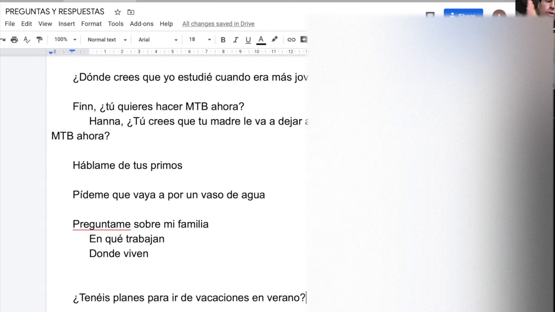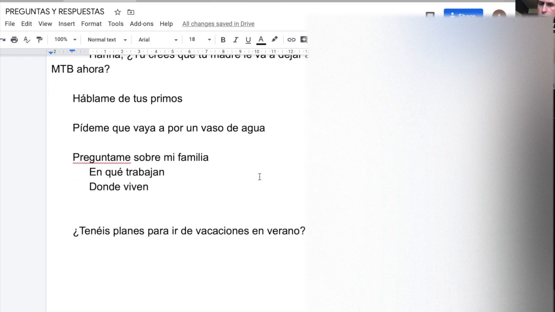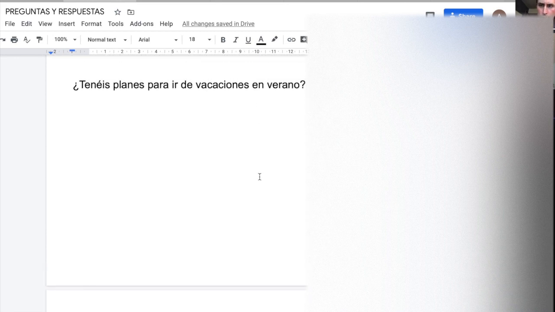¿Y cómo son tus primos? ¿Cómo son? ¿Son altos? ¿Son bajos? ¿Cuántos años tienen y cuántos son? En Colorado, dos primos, del mismo año.